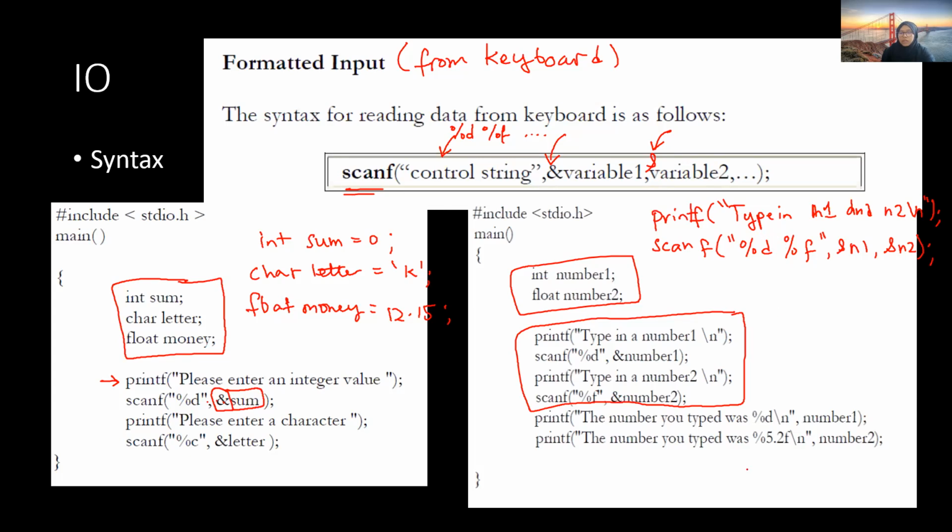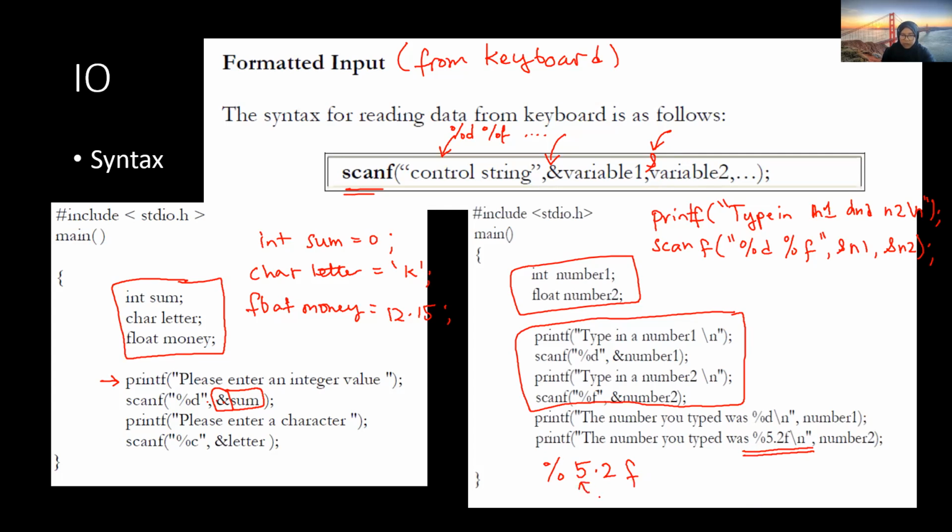All right, now let's see this one. The printf, the number you typed was number 1. So it will display number 1 as whatever your number is. And look at the second string right here. It says percentage 5.2f. What does it mean by this? This is for float still because we have f right here.